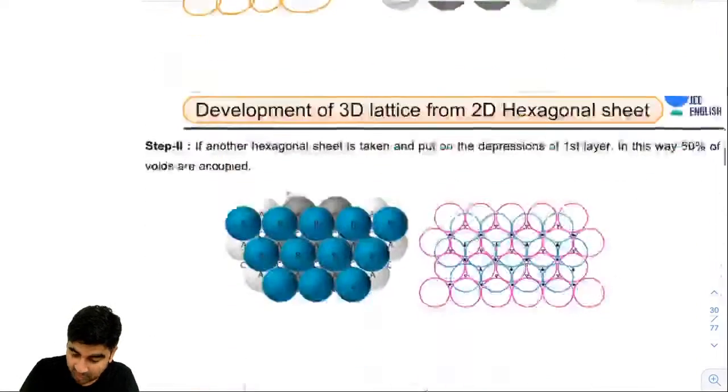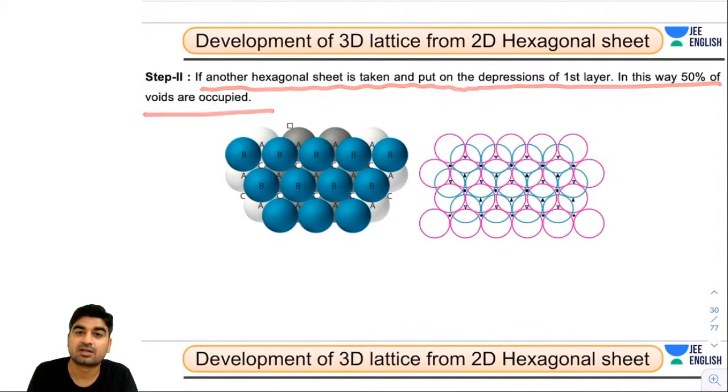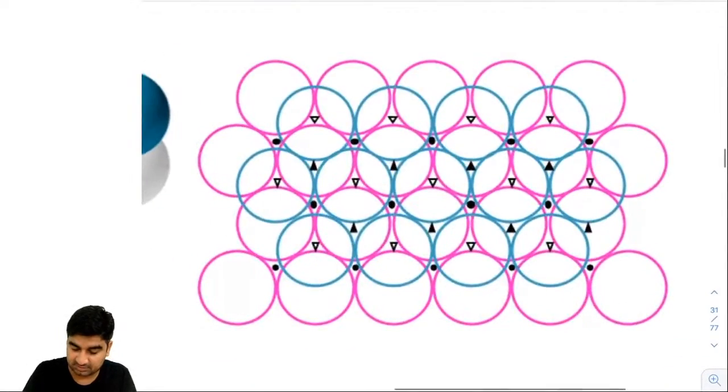So now if another hexagonal sheet is taken and put over the depressions of the first layer, here I have placed it.